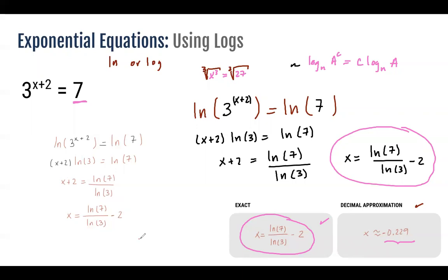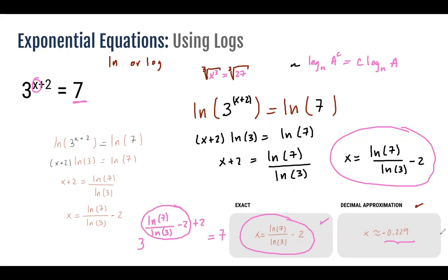So if you rewrite it as 3 raised to the power of the natural logarithm of 7 divided by the natural logarithm of 3 minus 2, and then plus 2, meaning that this is the x right here, and then plus 2, that needs to give you 7.